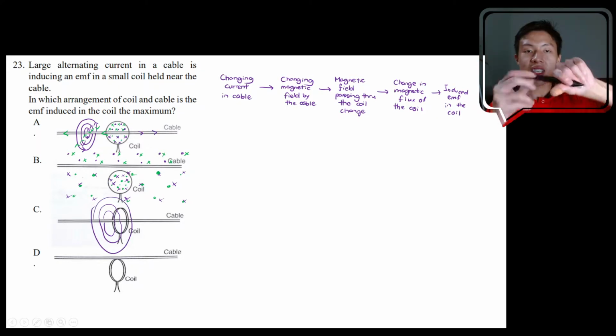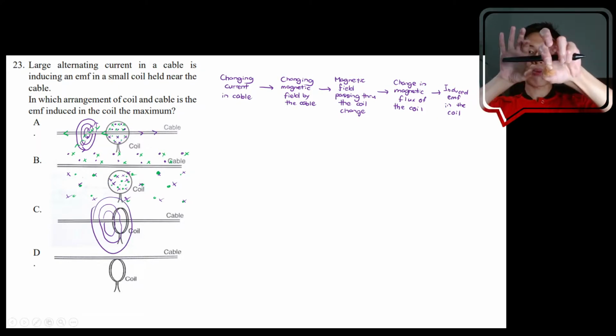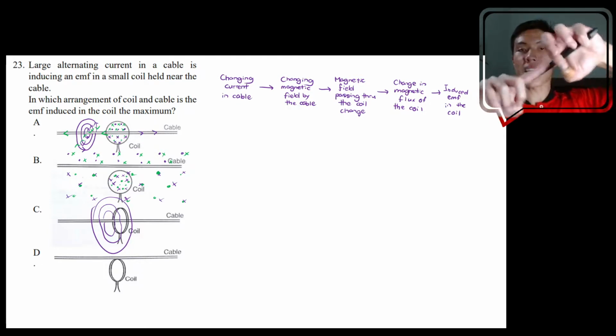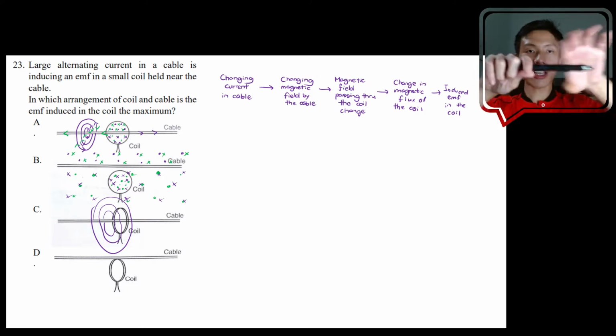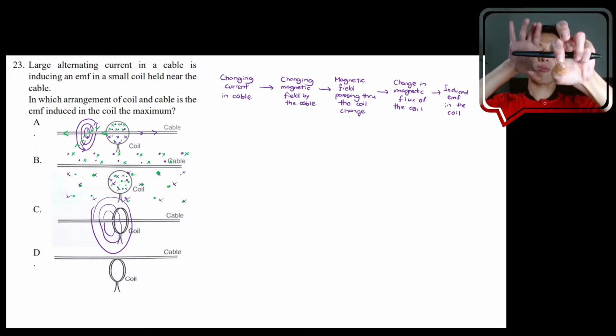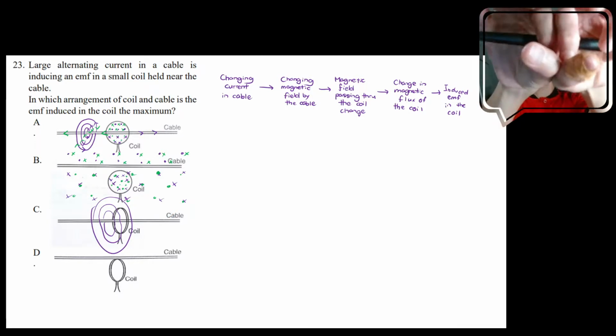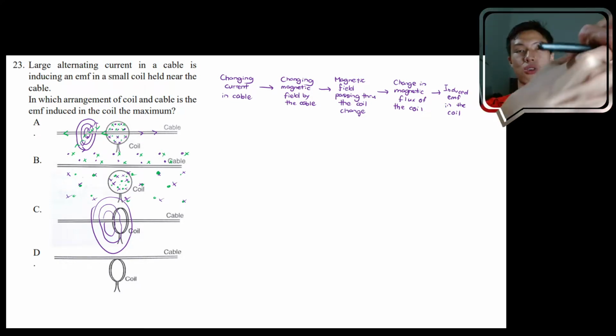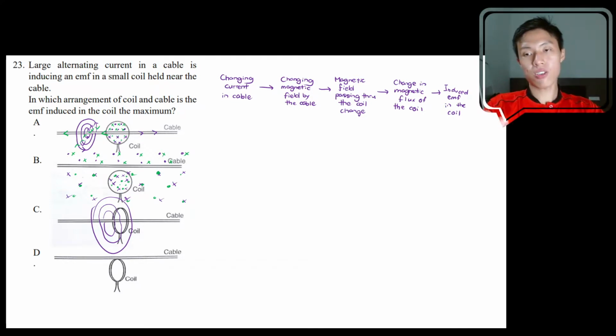So in this case, your coil is like this, but your magnetic field is also like this. So there will be no magnetic field passing through the coil. Again, your coil is like this, and the magnetic field lines are also like this. The magnetic field lines are parallel to each other. So you see no magnetic field passing through the coil.